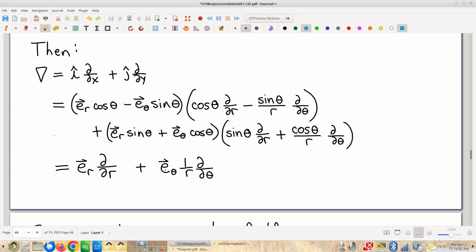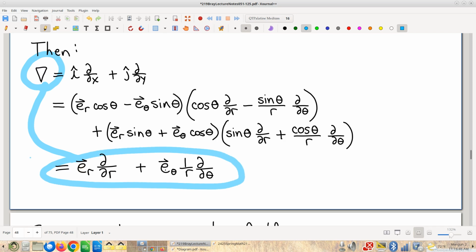And what you find is that now we have what you might call a polar del operator. This is what the del operator looks like entirely in terms of polar standard basis vectors, polar variables, and polar partials. Very handy in many circumstances.